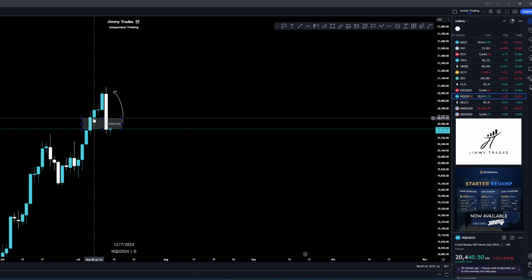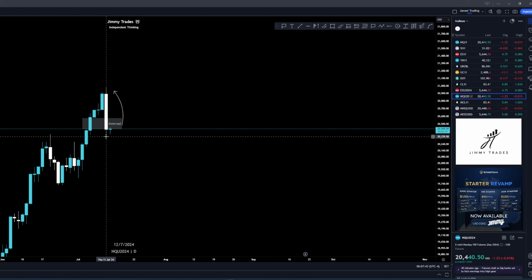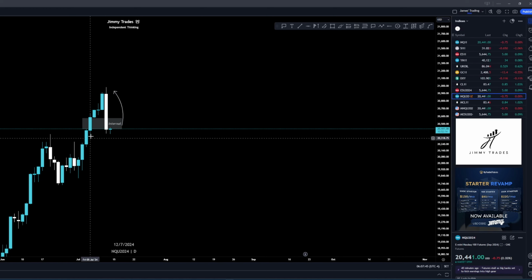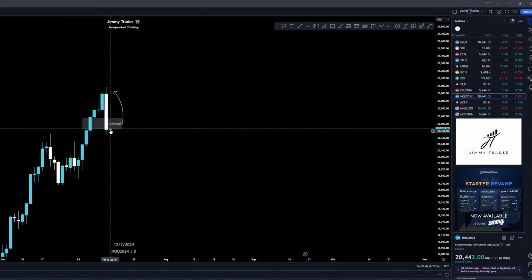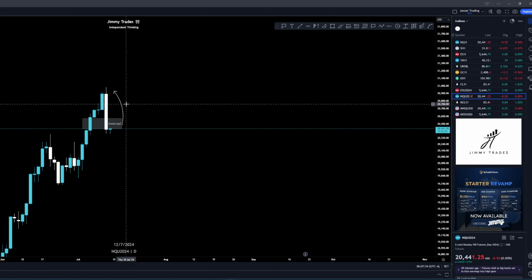So we actually took out Monday's low. We're just about to take Friday's low as well. So potential to take Friday's low and then continue up higher.